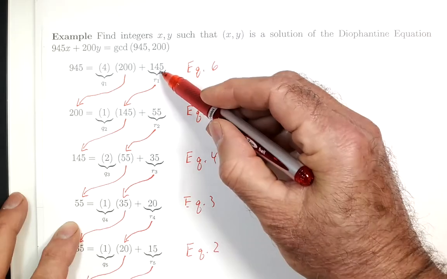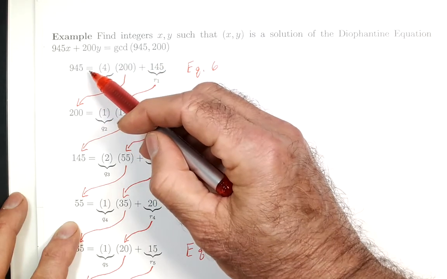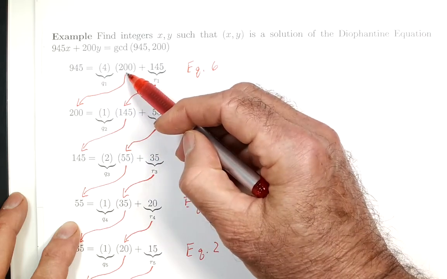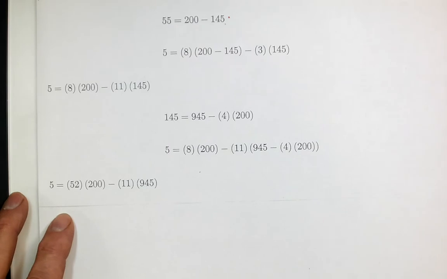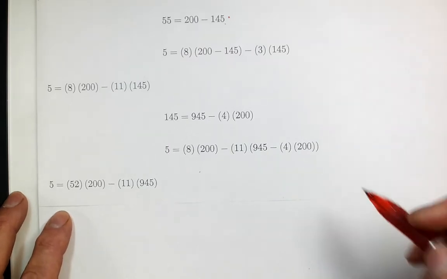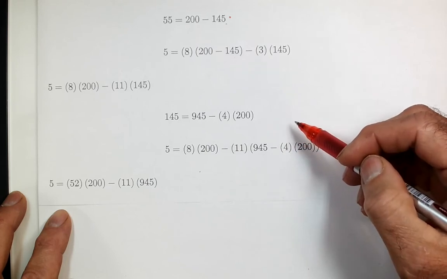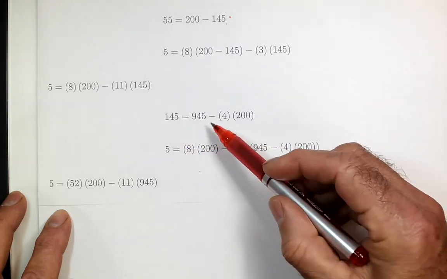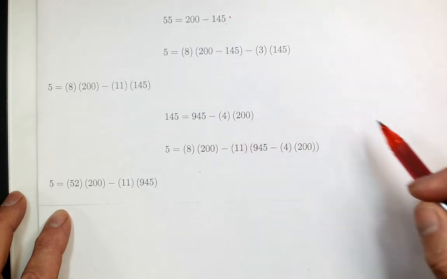So this will give us 145 equals 945 minus 4 times 200. Let's write that down. That's going to give us 145 equals 945 minus 4 times 200.